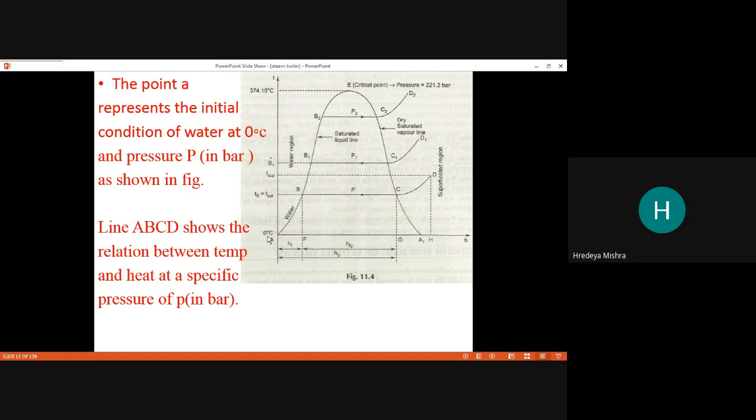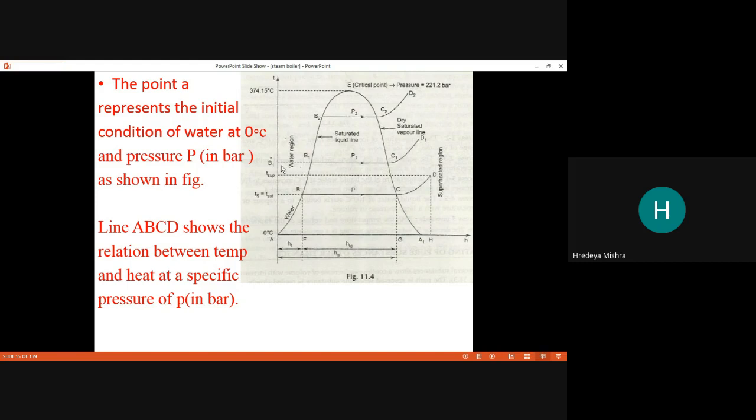You can see A, B, C, D, this line. This shows the relationship between temperature and heat at a constant pressure P. A, B, C, D is at a constant pressure.